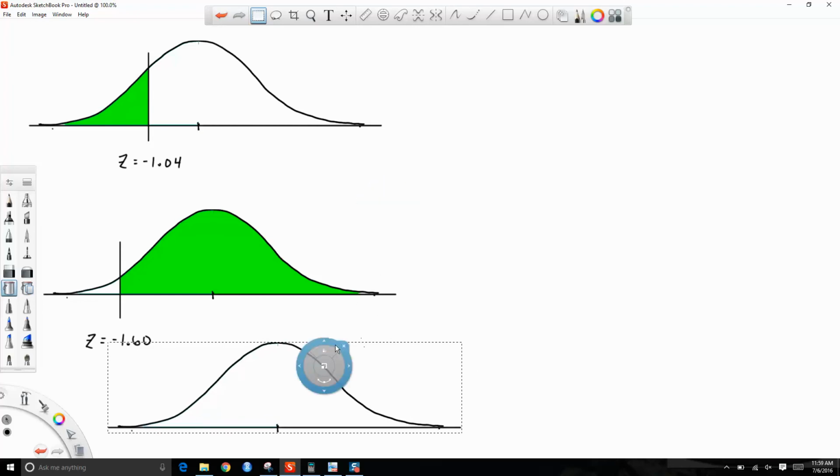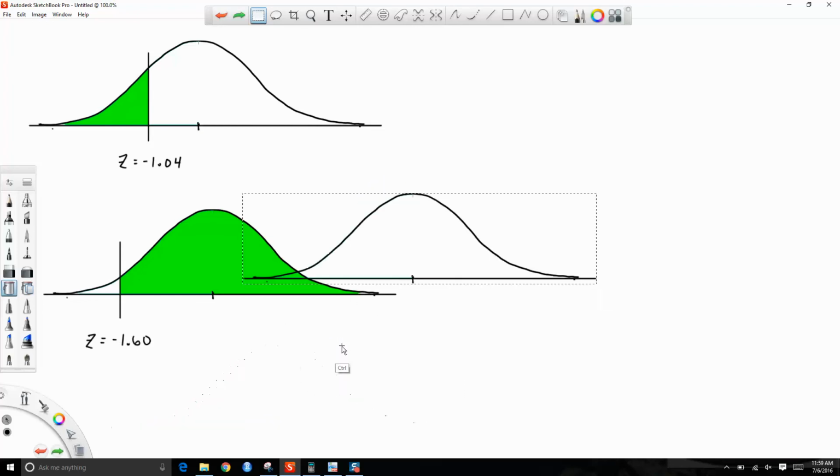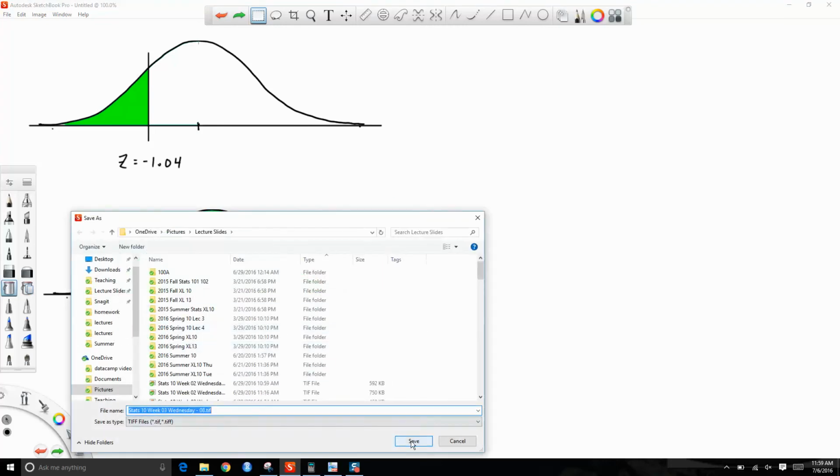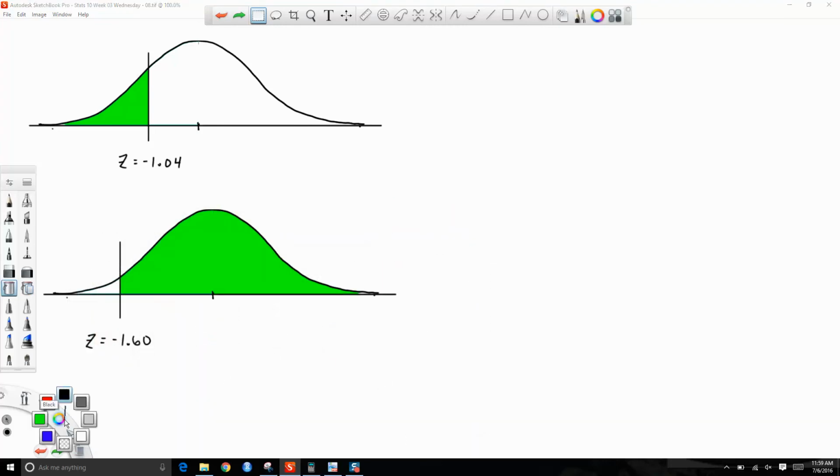Take a minute, see if you can figure out what these numbers are. So, shaded area.